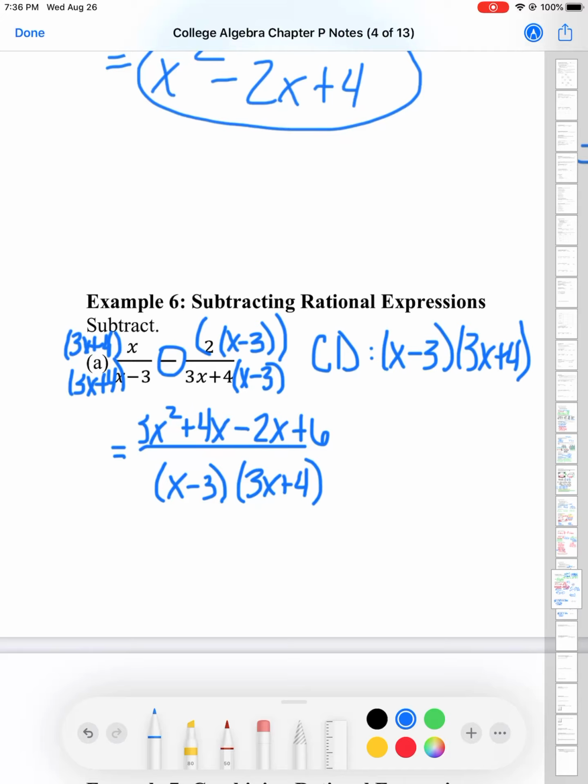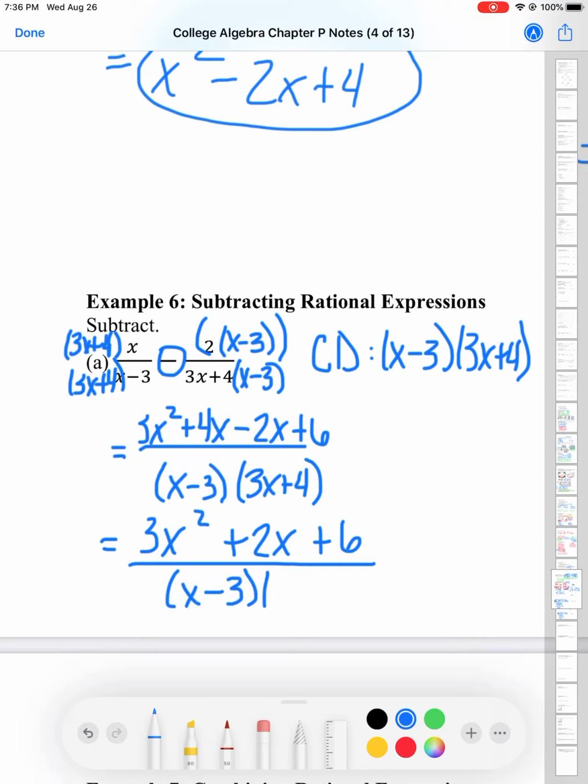So now once we combine like terms on the top here, we get 3x squared plus 2x plus 6 over x minus 3 times 3x plus 4.